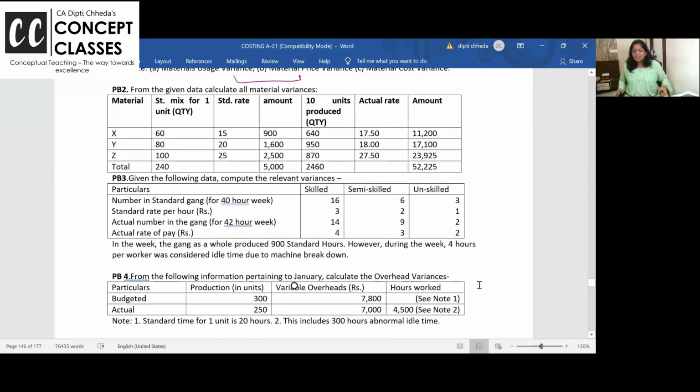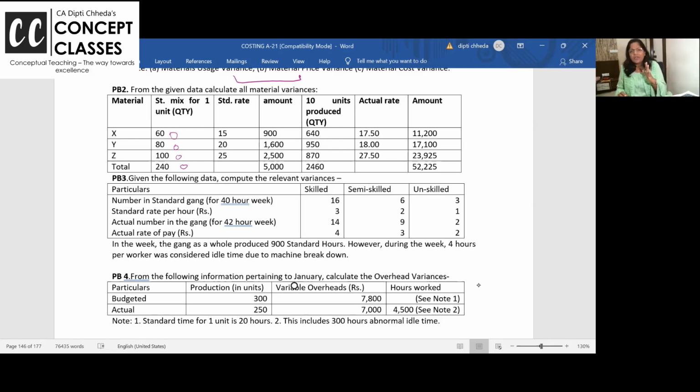Now listen all of you, standard and actual, the ratio should be the same. If actual is for 10 units, can we make standard also for 10 units? This is the standard for one mix. And then we compare standard and actual and make all the 4 columns.